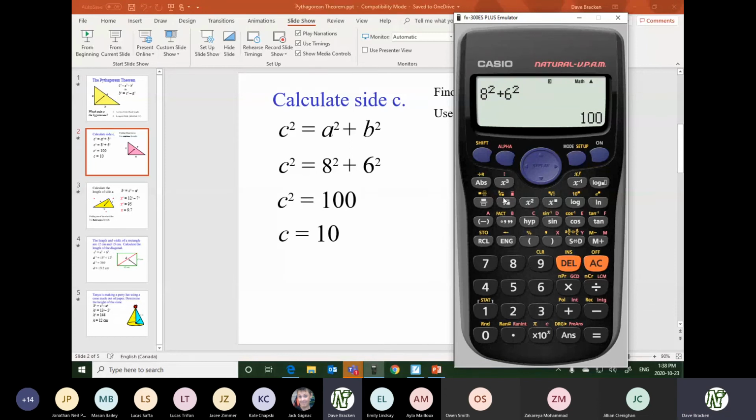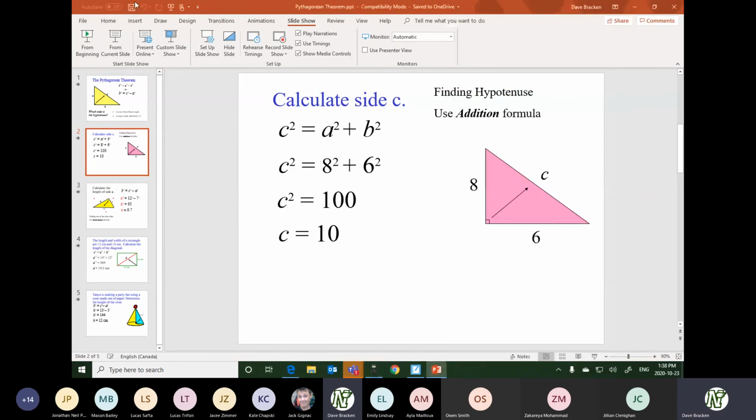So we hit square root, and notice it's waiting for the number. We put in 100. This gets rid of the squared. Your c squared goes to c, and I hit equals, and I get 10. This means that 10 times 10 is equal to 100. We learned about exponents. Square root is the undoing of a square. Is that okay with everyone?